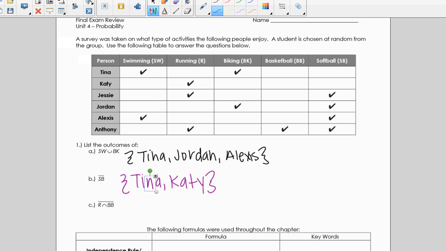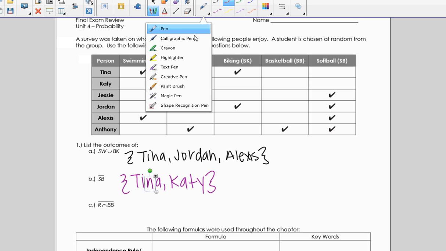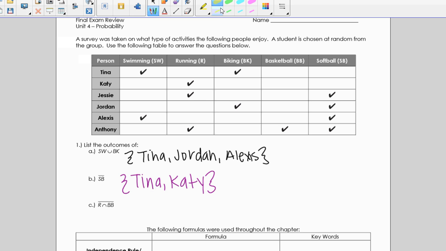Everybody else does. The last one is, I'm going to use a highlighter for that one. It's running and basketball. Okay, so anybody who likes running and basketball, but then not that. Well, if you look, the only person who likes running and basketball, sorry, Cody, that was a highlighter, is Anthony.